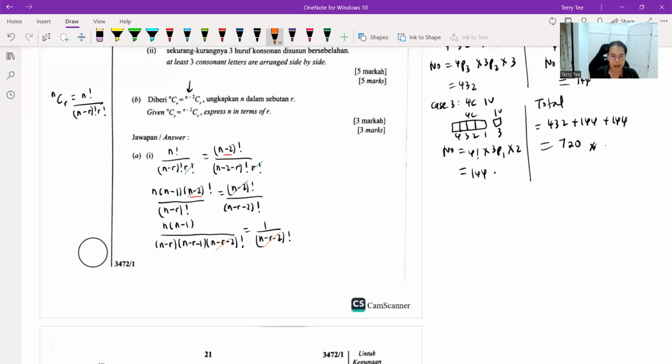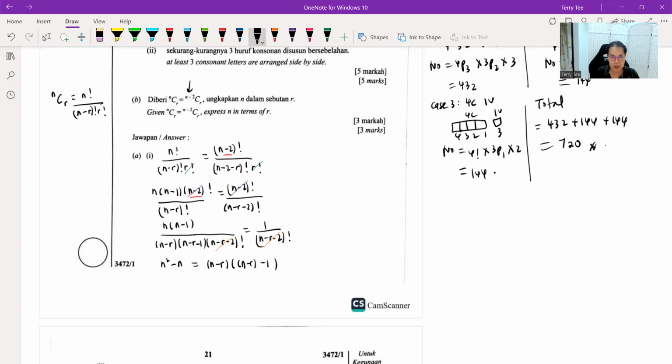Now, I know this looks a little bit complicated to simplify, so I'm going to multiply this over. This is going to be n times (n minus 1), you can expand it, n squared minus n. For the second one, I think it's easier for you to think this way: (n minus r) times (n minus r minus 1).